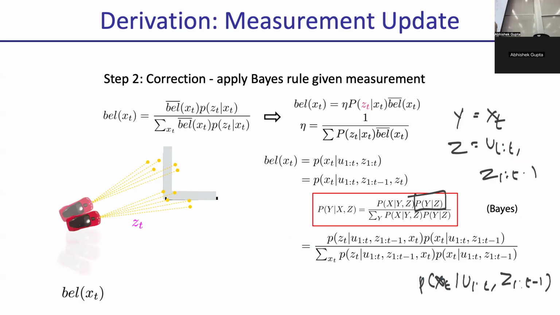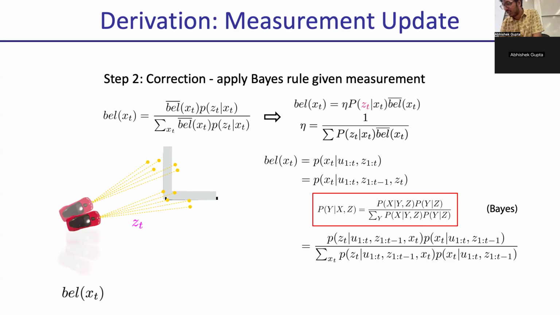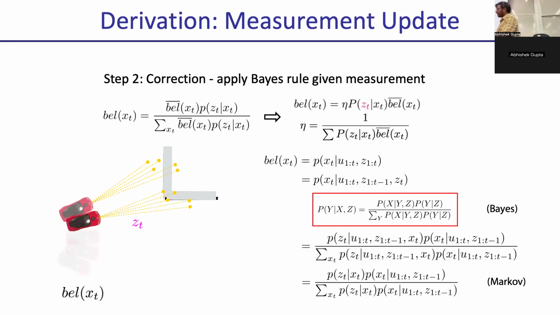Just belief bar, right? And so now we're golden because the numerator is just P of zt given xt with the Markov property, and the second term is just belief bar, right? And so all we get is the numerator is P of zt given xt times belief bar, and the denominator is just a sum of that over all the possible positions so that it's a valid probability distribution.